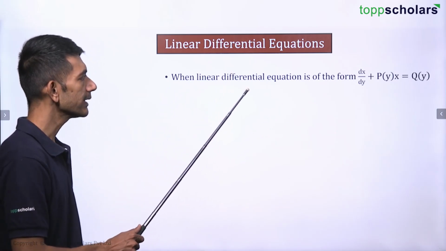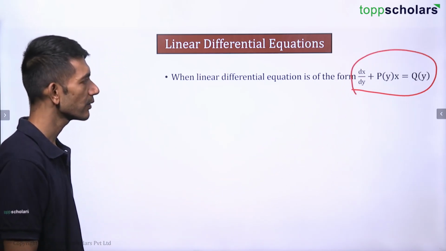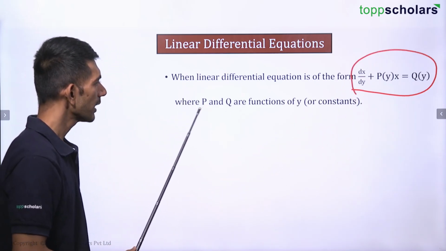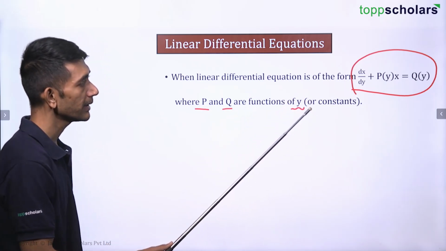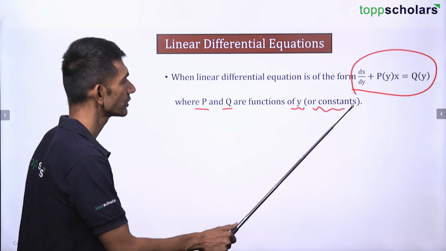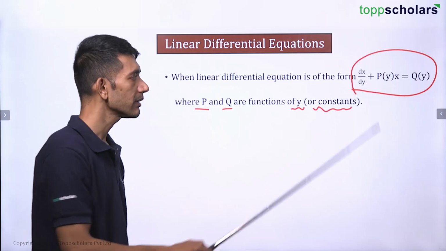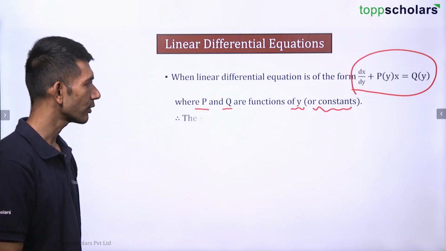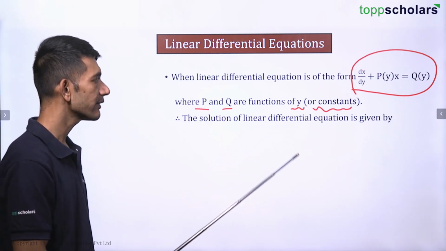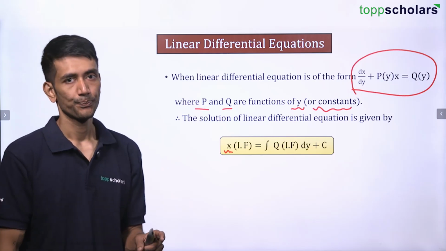Before that, when a linear differential equation is of this form, which is obviously a linear differential equation, and P and Q are functions of y or constants, what to do in that case? In the first case we saw P is a function of x or it is a constant. Now it can be y or constant. So the solution of the linear differential equation is given by x, whereas there we had y.